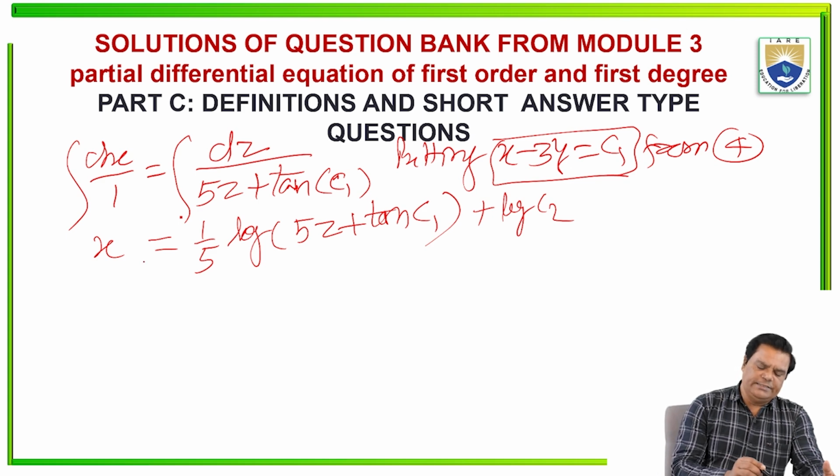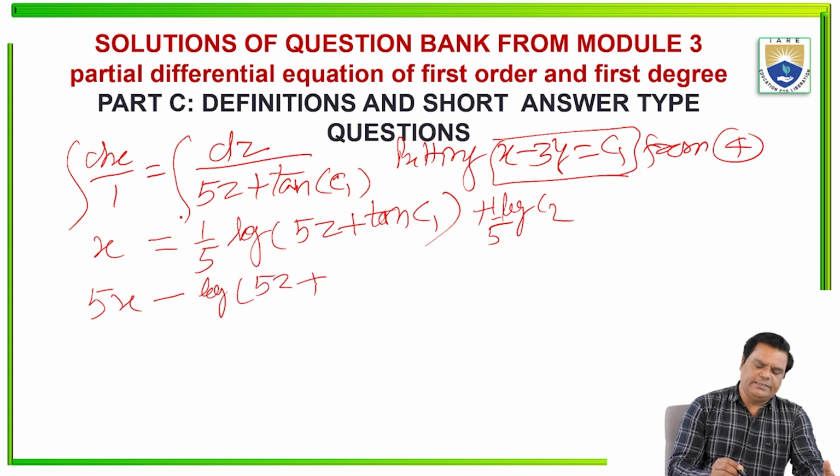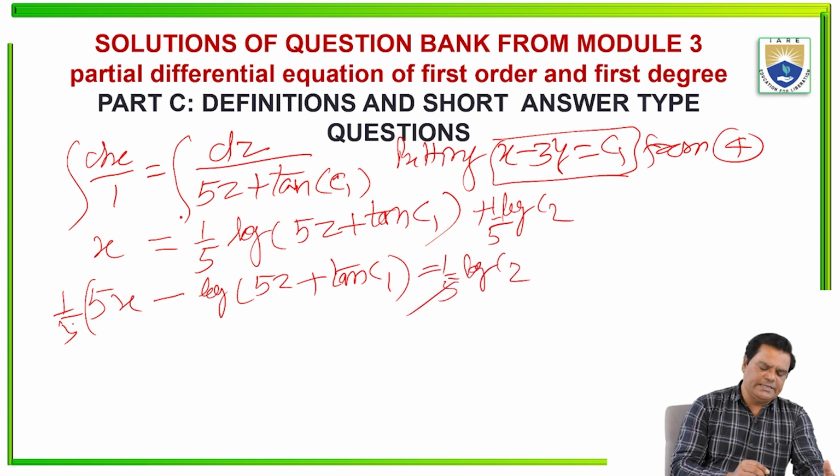Taking this side 1 by 5, the 5 cancels: 5x minus log of 5z plus 10 c1 equals log c2 upon 5, and the 5 is cancelled.